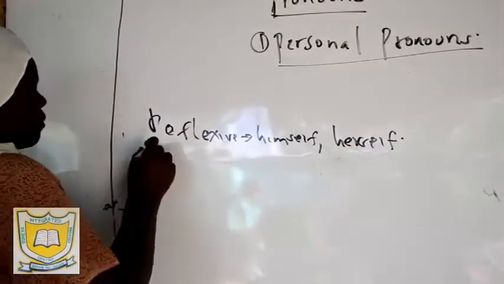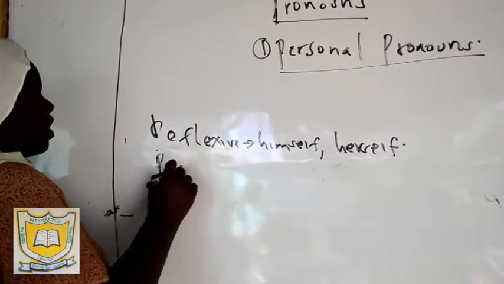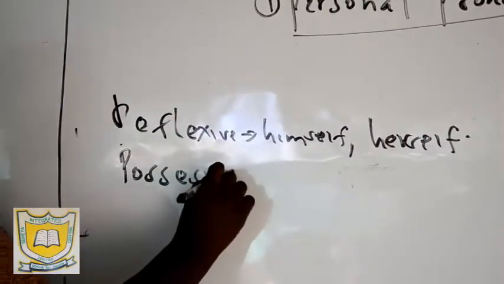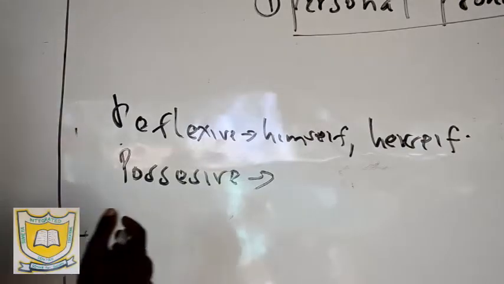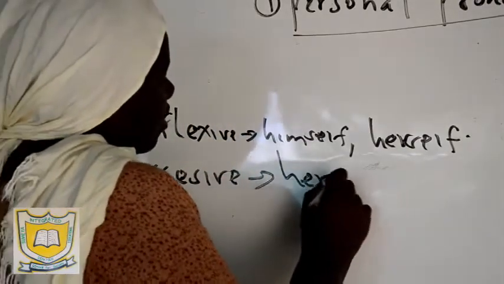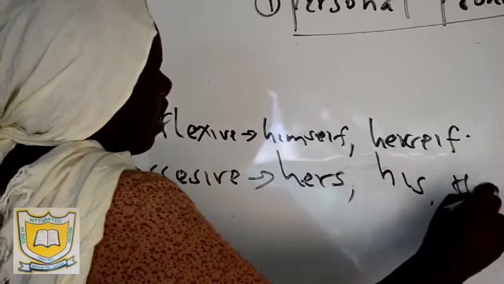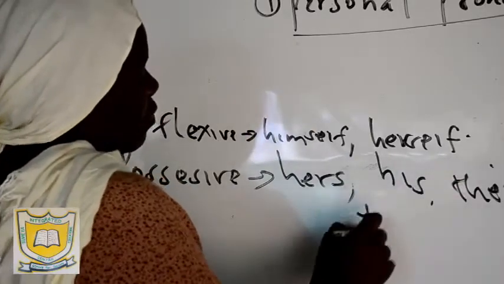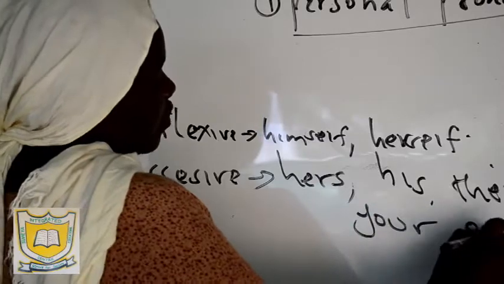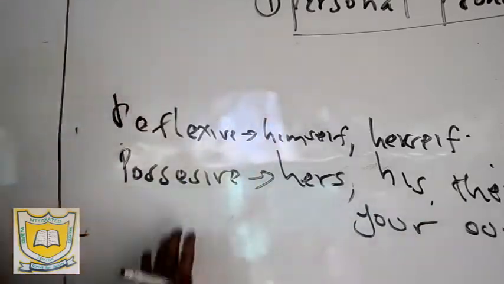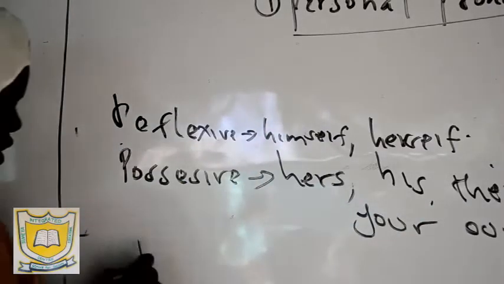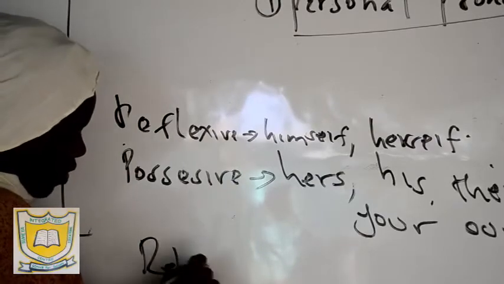And then we have possessive pronouns. Possessive pronouns show possession, like ownership. For example, you can have his, you can have their, our, and your. Those are possessive pronouns. And then we have relative pronouns.